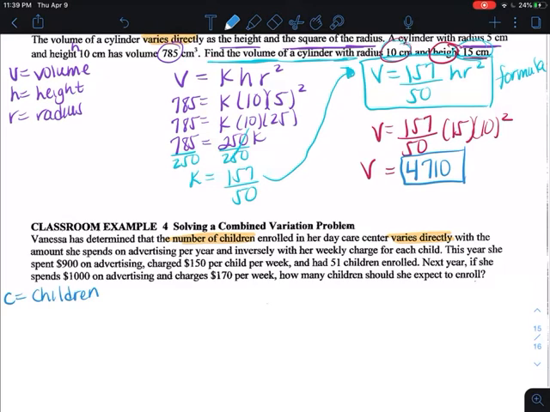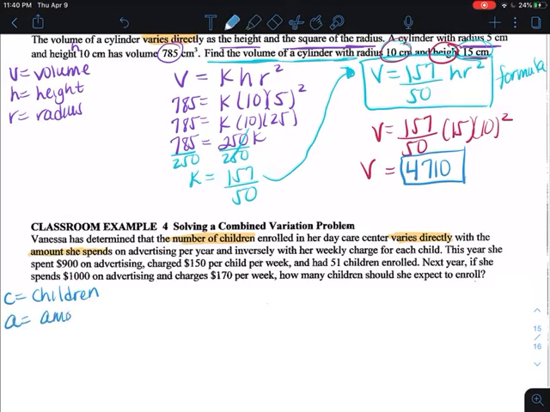With the amount she spends on advertising per year, and inversely with her weekly charge for each child. So I have a lot going on. It varies directly, which again you might see as varies jointly. Well, no, sorry, not jointly. This is combined. So it's a direct variation. Whatever follows the word direct is going to go beside the K. And it says varies directly with the amount that she spends.